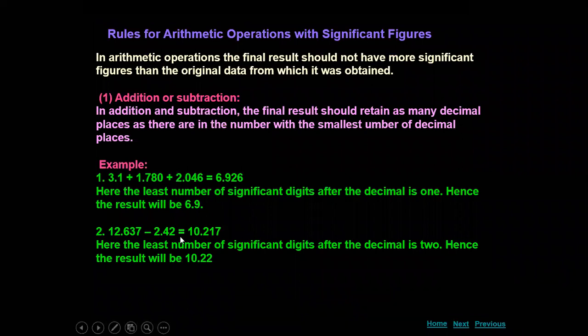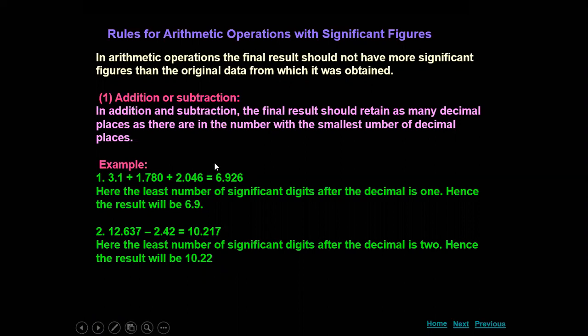Here, after the decimal, 2 digits are there, so in the result 2 digits we are placing. We are not counting the total number of significant figures there. Only 3 significant figures are there in the smallest number, but in the result, 4 significant figures are there. We are not worrying about the total number of significant figures when doing addition and subtraction.